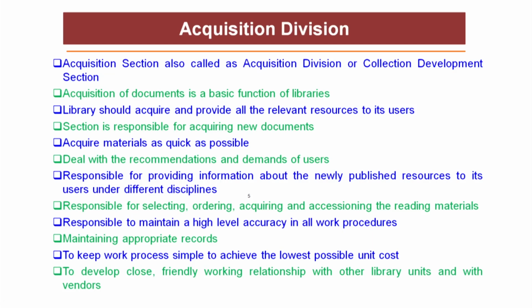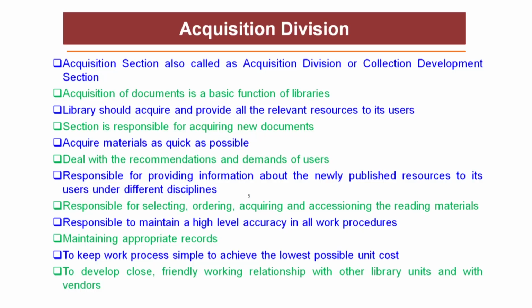So collectively, the acquisition division is responsible for acquiring something for the library. That is why we call this section the acquisition division or acquisition section, or sometimes the collection development section, because you are making the collection development in this division.